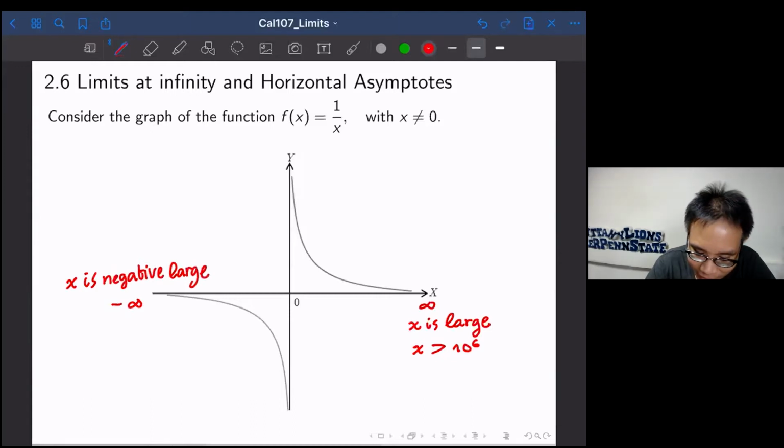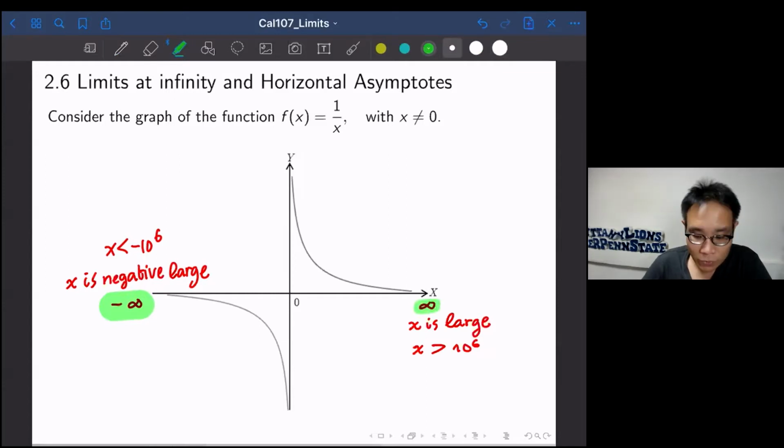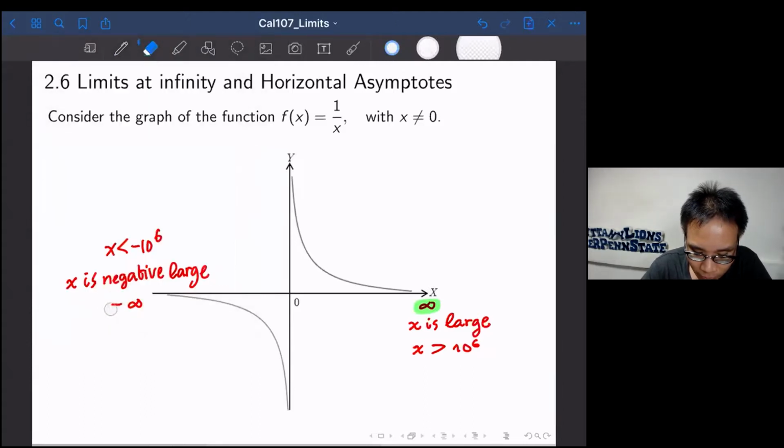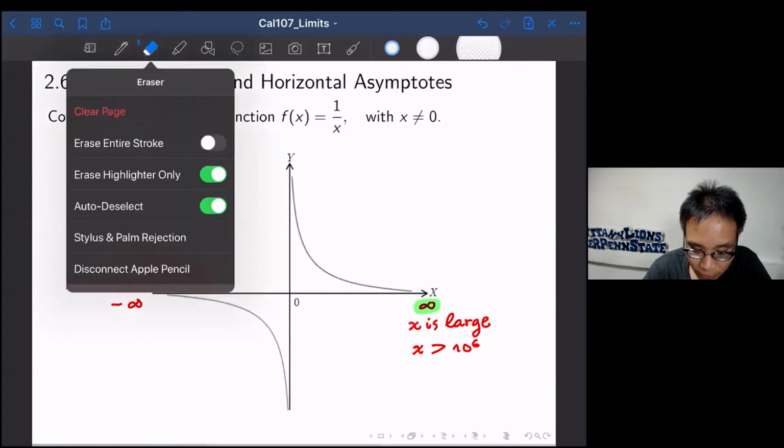So it's going to be x smaller than negative 10 to the 6 or so. This is the case where we are talking about infinity and negative infinity.